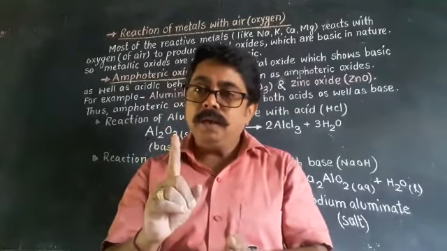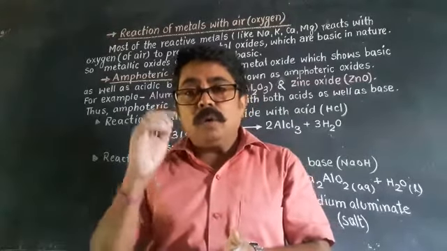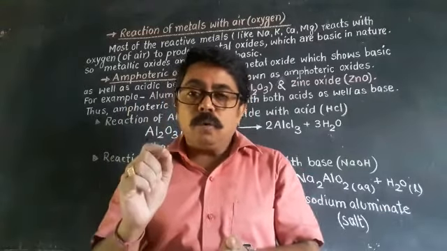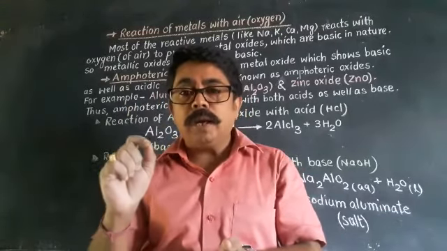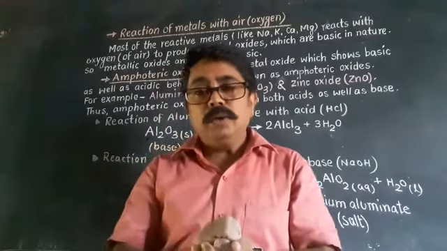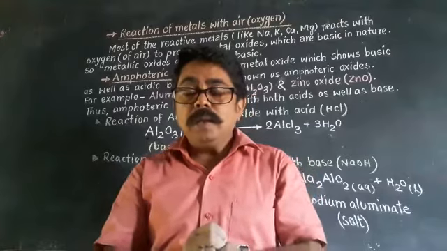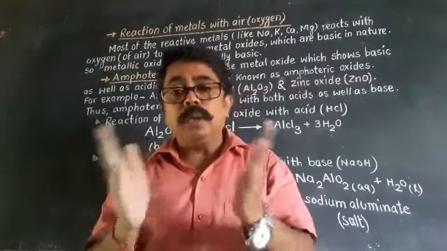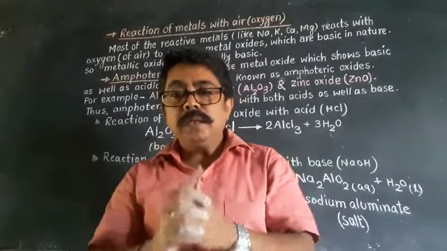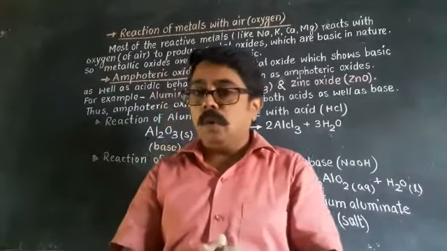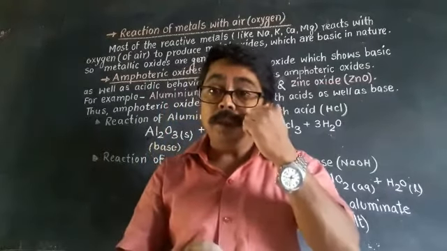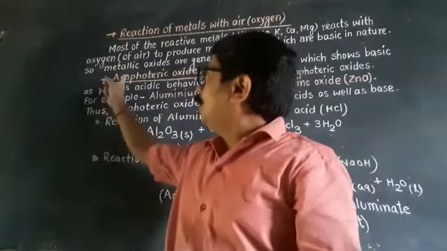Once again I repeat, almost all reactive metals form oxide, and these oxides are basic in nature, whereas there are two metals which form oxide that shows both nature, acidic as well as basic nature. Such type of oxides are called amphoteric oxides. Once again I repeat, what is amphoteric oxide? Look at the word amphoteric oxide.